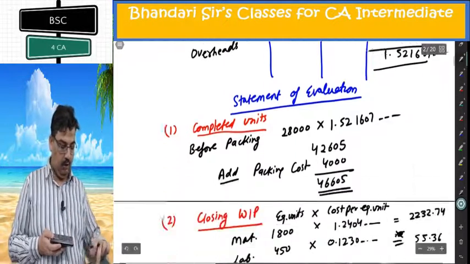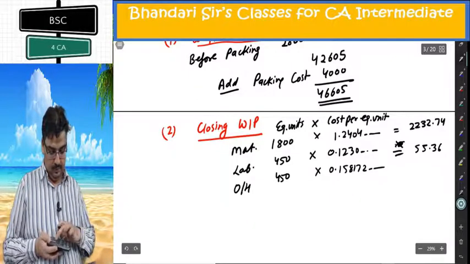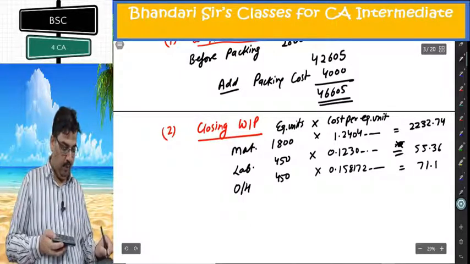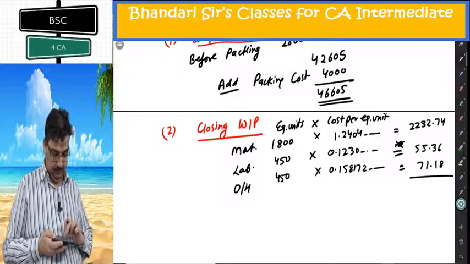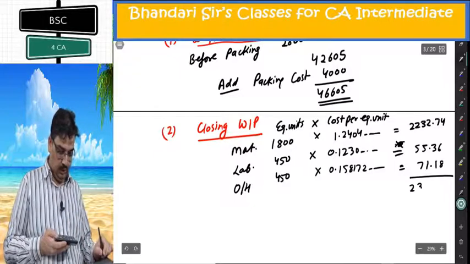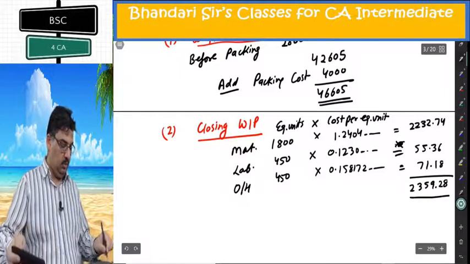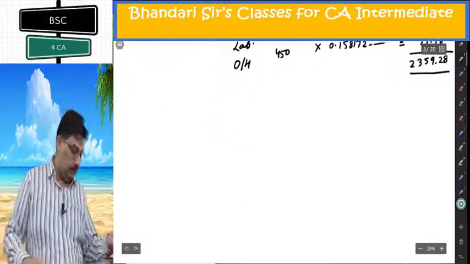I am getting 0.15817 multiplied by 450, 71.18. If I add them all, I am getting 2359.28. 2359.28.